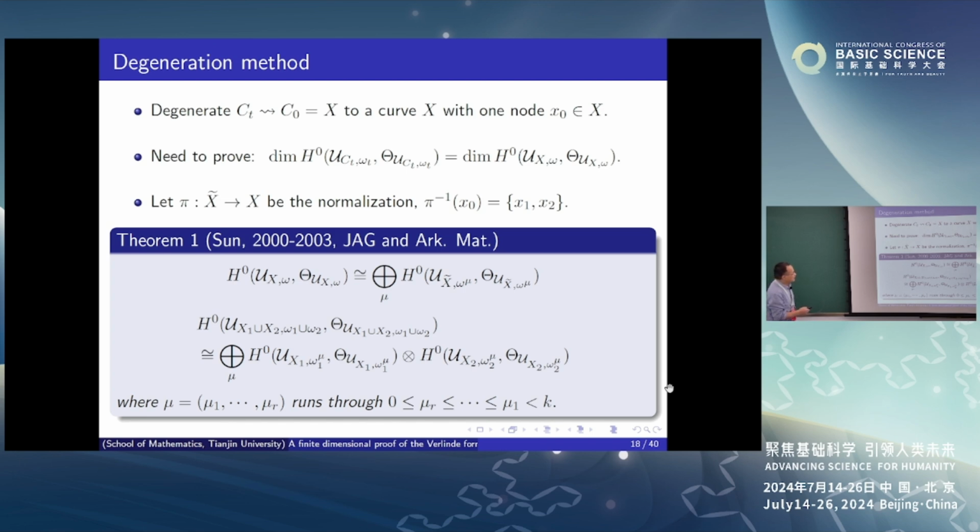So we need to prove two cases. One is that the dimension does not change in this degeneration. In this case, in fact, we need some kind of Verlinde theory of the cohomology. In particular, we need the Verlinde theory of cohomology for the singular curve, because when t equals 0, this space is not normal.